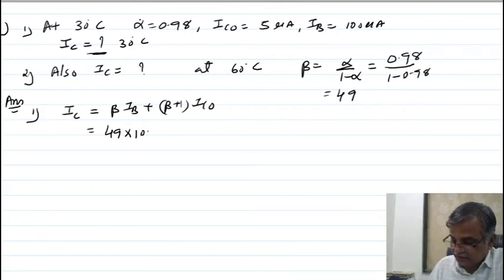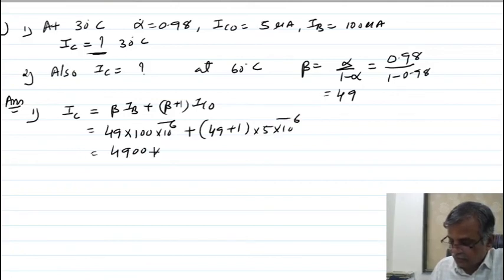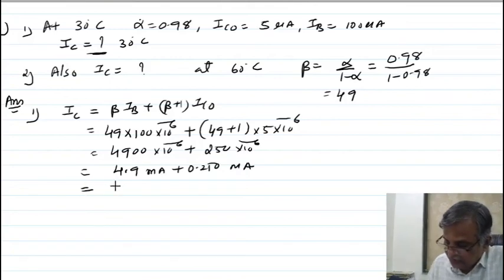IB is 100 microampere plus 49 plus 1 into 5 microampere. 4900 into 10 raised to minus 6 plus 250 into 10 raised to minus 6. So 4.9 milliampere plus 0.25 milliampere, so I can write 5.150 milliampere.